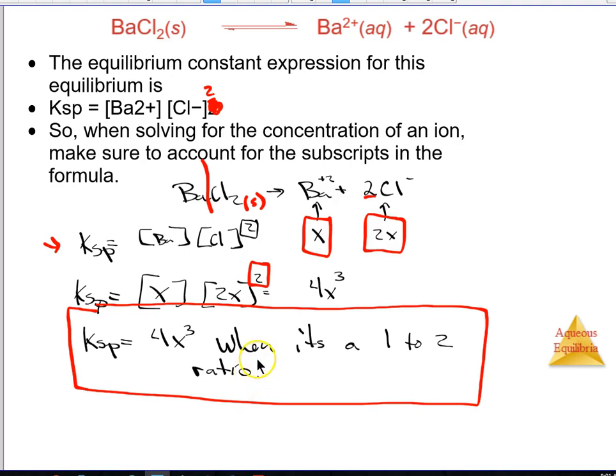Most of the kids that make a mistake, if they do it at all, forget this 2. It's there because for every 1 that broke off of Ba, 2 Cls broke off.